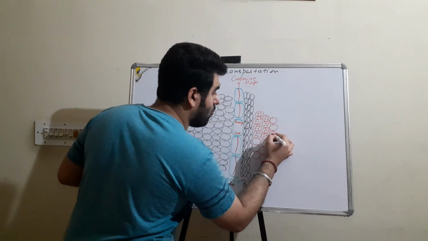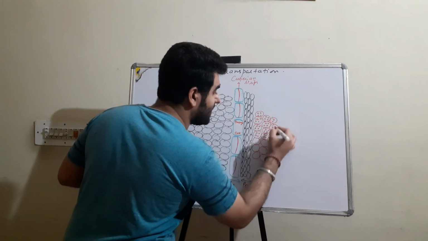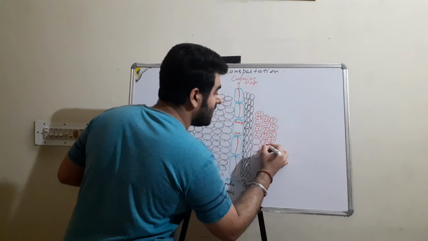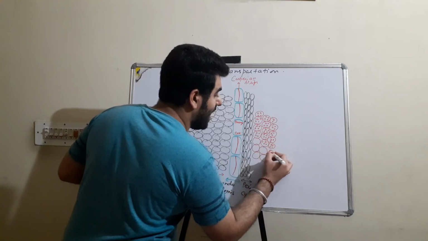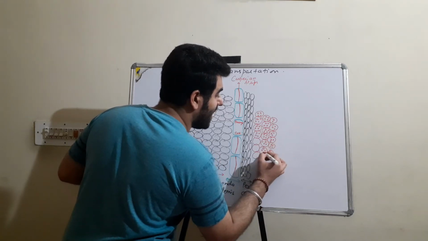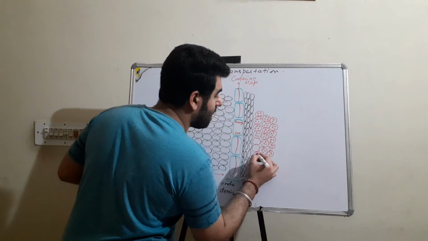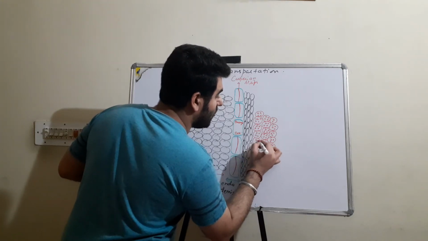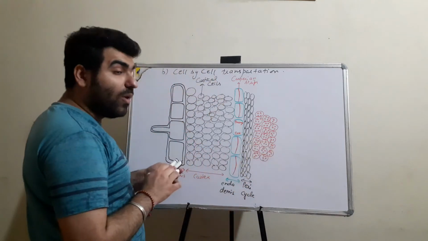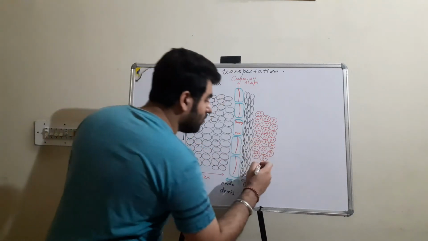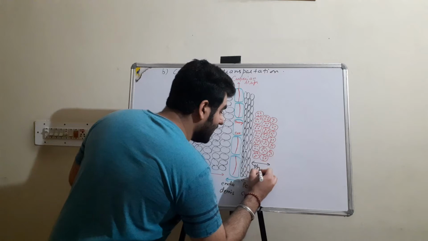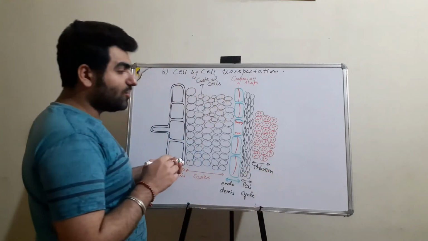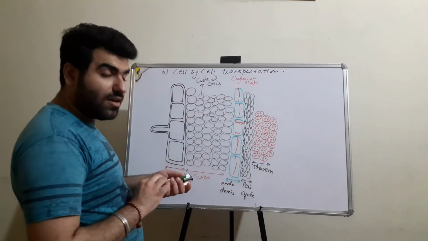And these pores are the characteristic feature of a tissue. And these pores are known as the sieve pores. And these are for sieve tubes. And sieve tubes are the part of phloem. So this tissue or this layer is of the phloem. So this entire layer is of the phloem.